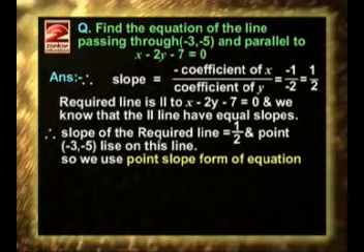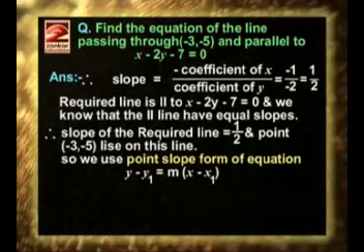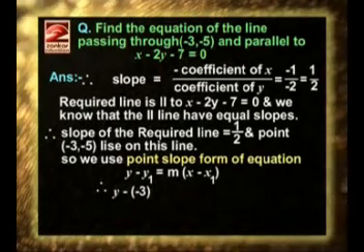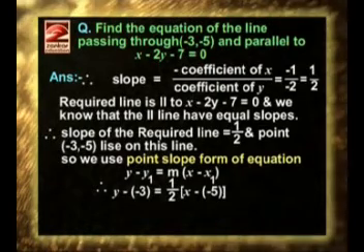So we use point slope form of equation, that is y minus y1 is equal to m into (x minus x1). Therefore y minus minus 5 is equal to 1 upon 2 into (x minus minus 3).